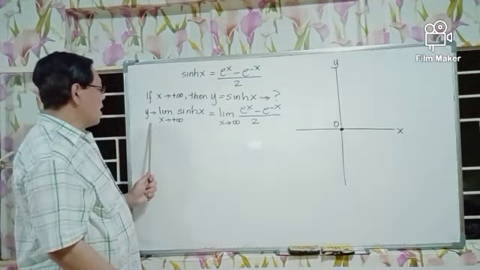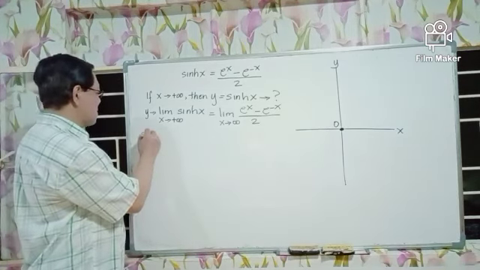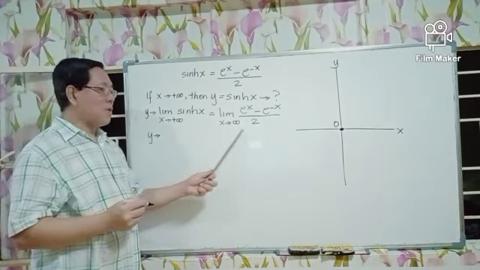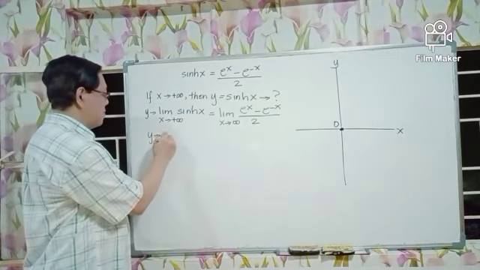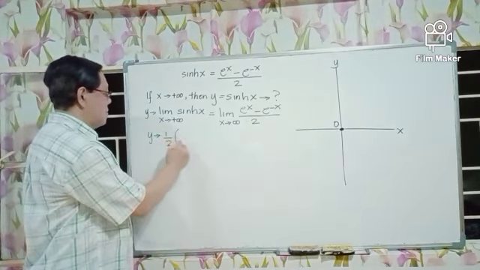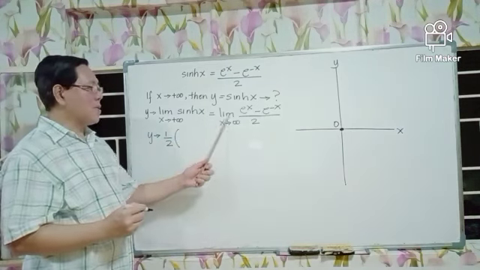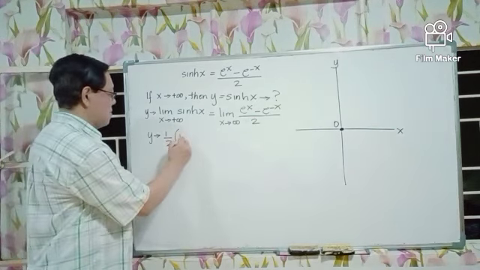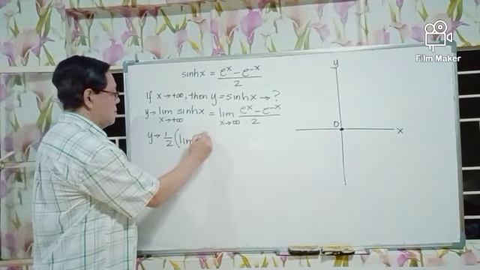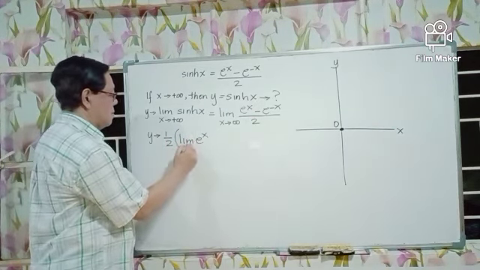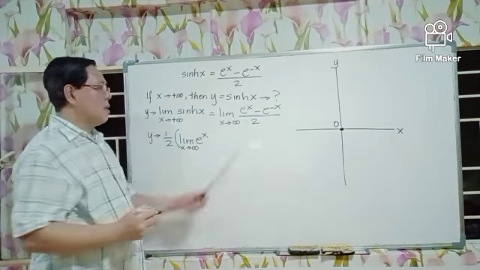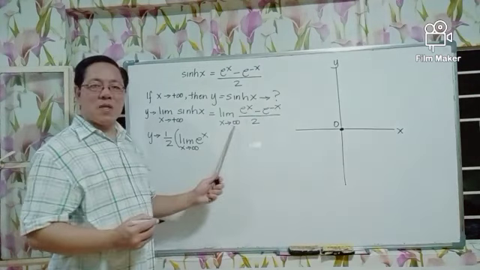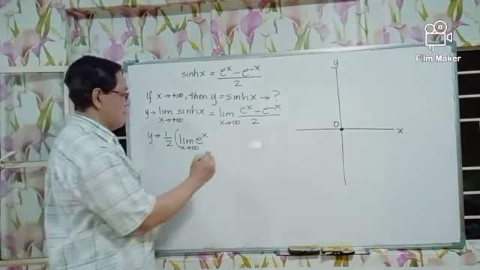Hence, this limit is now equal to 1/2 multiplied by the limit of e to the x as x approaches positive infinity, minus the limit of e to the minus x as x approaches positive infinity.